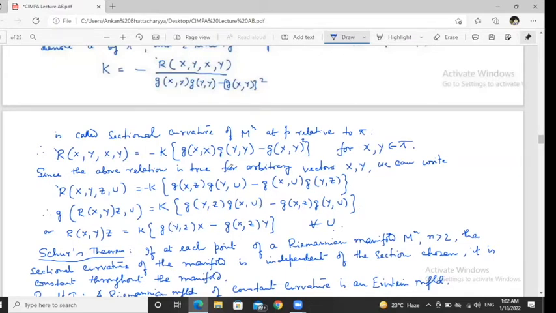So for sectional curvature, Rxyz can be written as K gyz x minus gxz y.